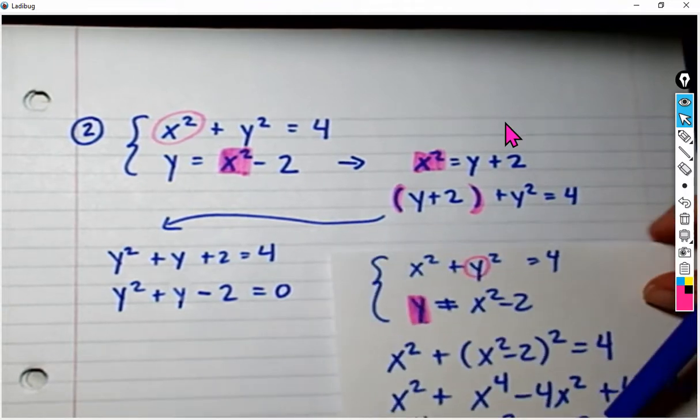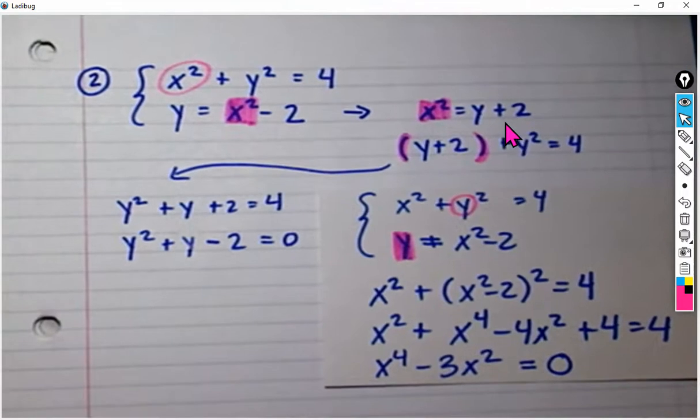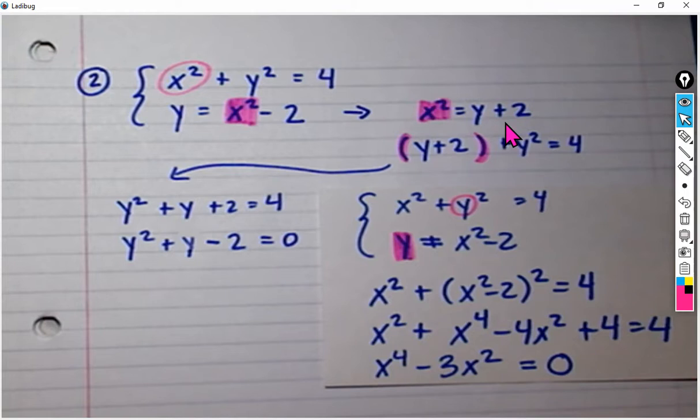It had a 4 power. I don't know about you, but I like the one on the left a little better. Neither one is wrong. It's just one might be easier than the other. So if you get stuck in one substitution and you're like, I don't like this, go back and look for something different. You might not make the right choice on the first try, but all you have to do is go back and try again.